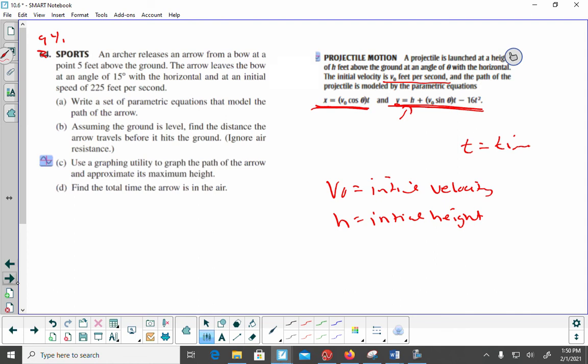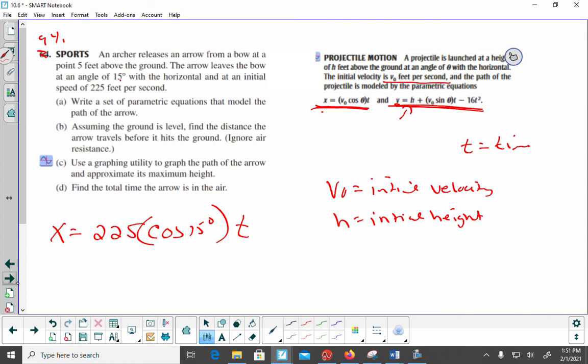So the first one is going to be my horizontal distance, so my x is going to equal my initial velocity, which we just said was 225 feet per second, times the cosine of my angle, which in this case was 15 degrees. I'm going to put that in parentheses. And then I'm going to multiply that by my t, which is time.